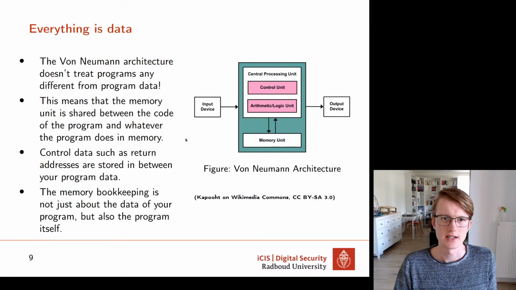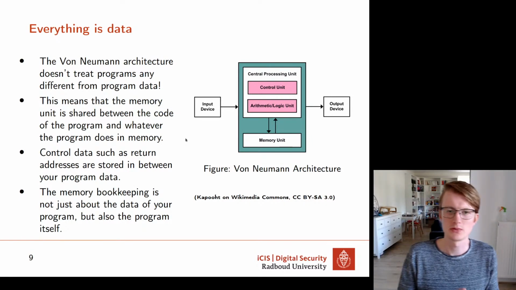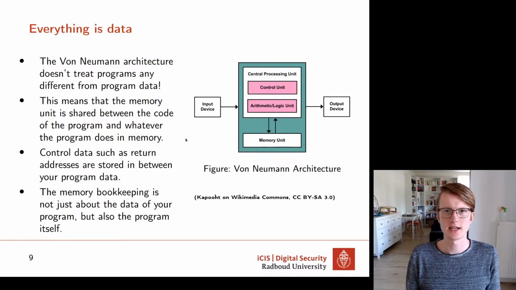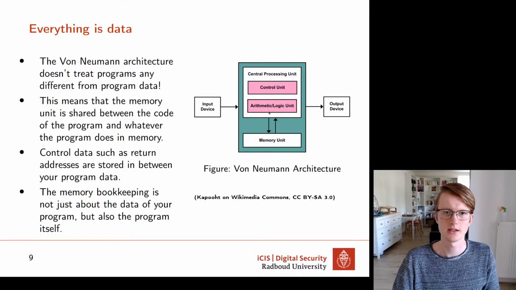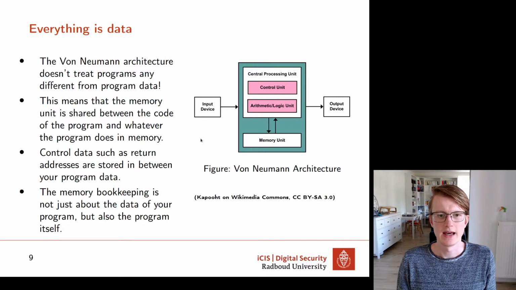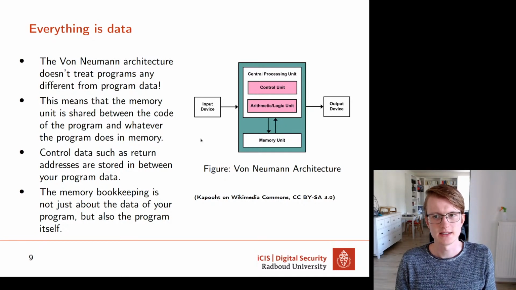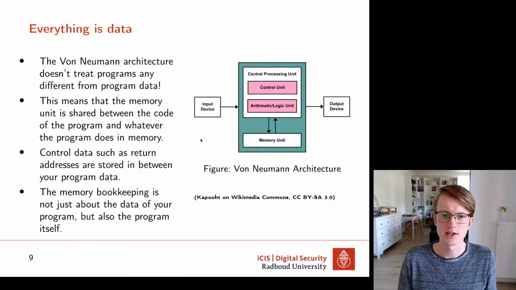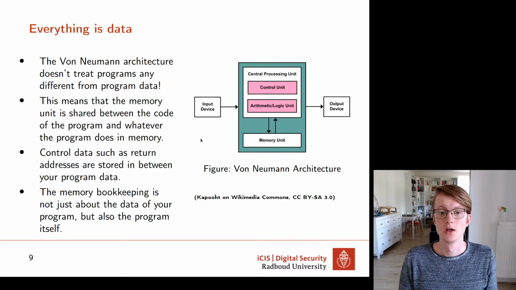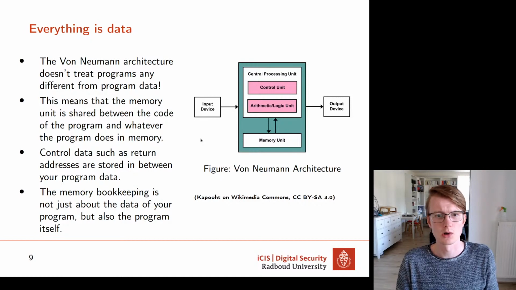What you might see here is that there's no special treatment between program code and program data. So all of the things that this control unit is doing are influenced by what is in the memory. And in practice, we also saw that last week, when we saw that return addresses, which are definitely control information, are stored in between the information that you want to do arithmetic or logic on.